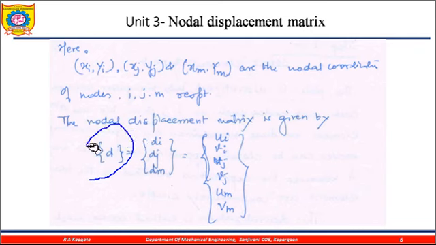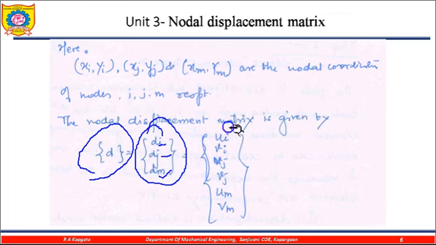Now the nodal displacement. The displacement at node I, at node J, and at node M is equal to the displacement matrix. I have already shown you that the displacement along the x-axis is u and along the y-axis is v.